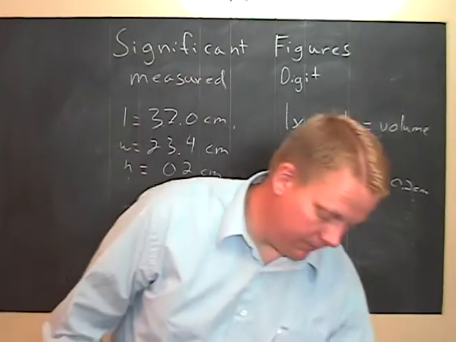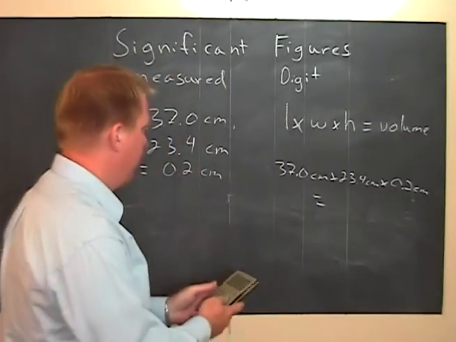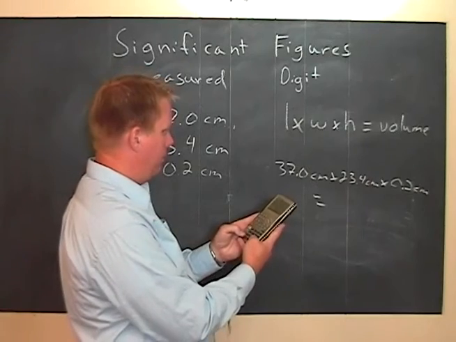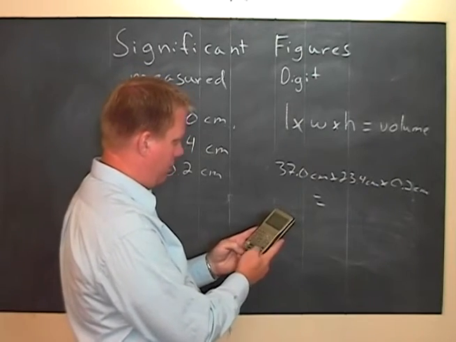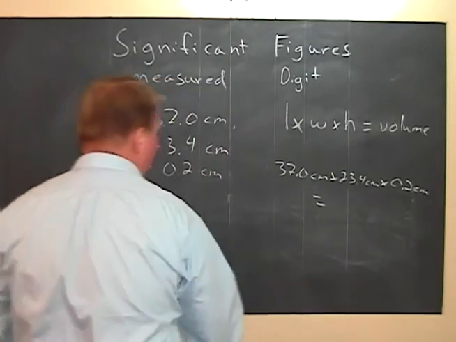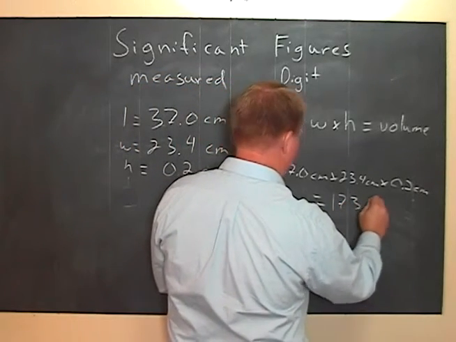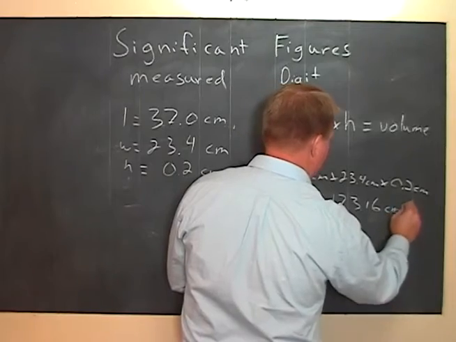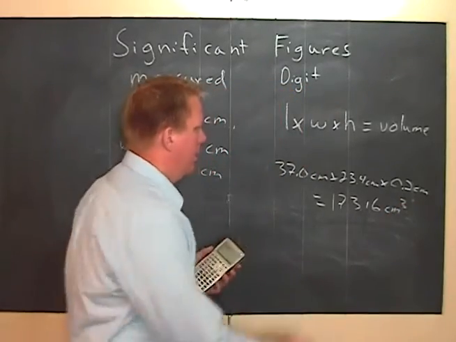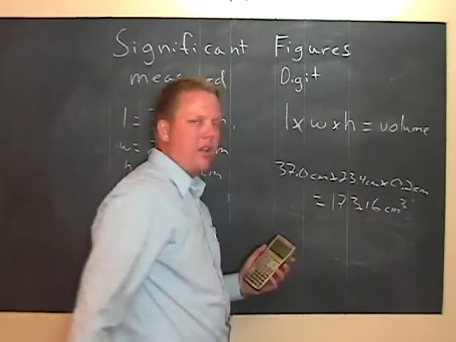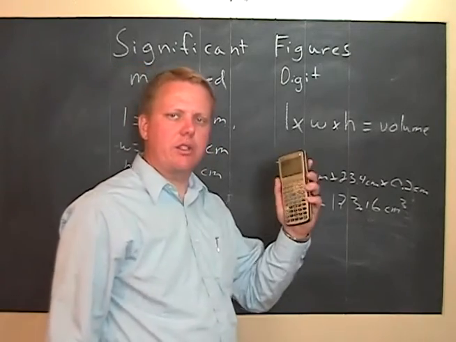Well, let's see what it equals. 37.0. The answer is 173.16 centimeters cubed, which again is a lie. Calculators lie. Don't trust them.